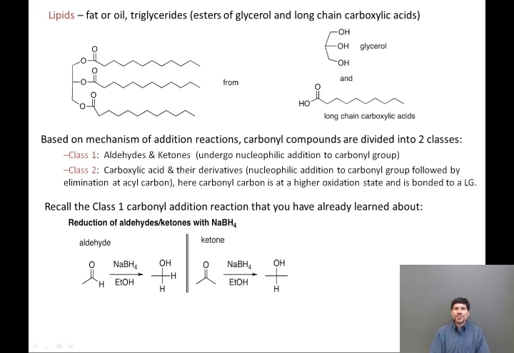If you've been following through these videos, you've already learned about a class 1 carbonyl reaction, and that is the reduction of aldehydes and ketones with sodium borohydride. You should recall that if an aldehyde is reacted with sodium borohydride and ethanol, the product is a primary alcohol, and if a ketone is reacted with sodium borohydride and ethanol, the product is a secondary alcohol.